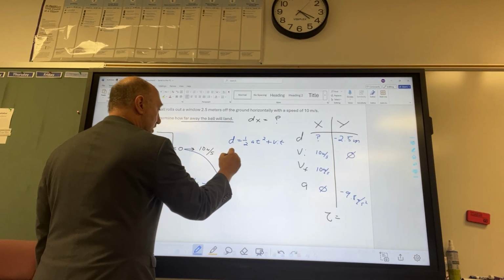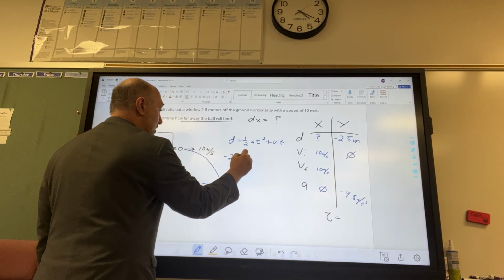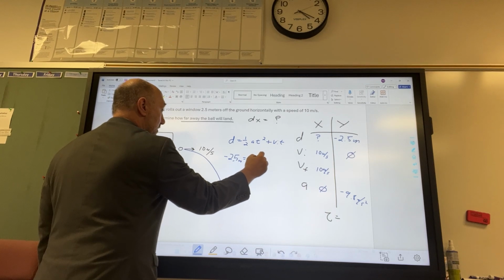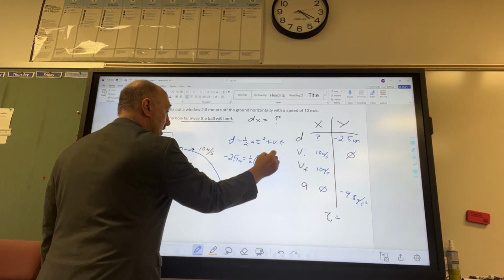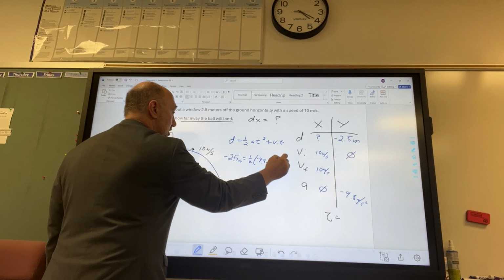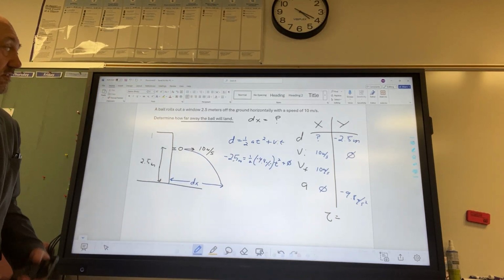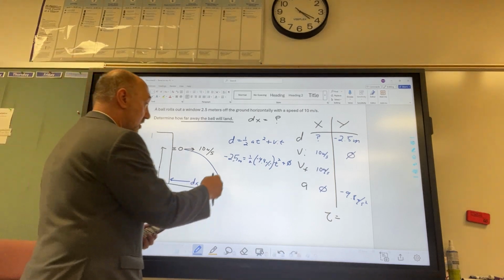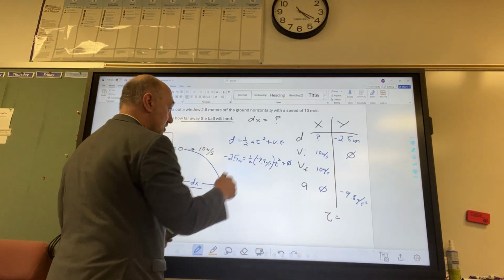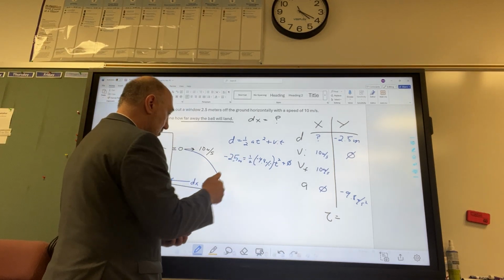This is my height, negative 2.5 meters, is 1/2 negative 9.8 meters per second squared. T is what I'm looking for. This whole VIT term goes to 0 because the initial velocity in the Y is 0. And so I'm going to get the square root of 2.5 times 2 divided by 9.8.